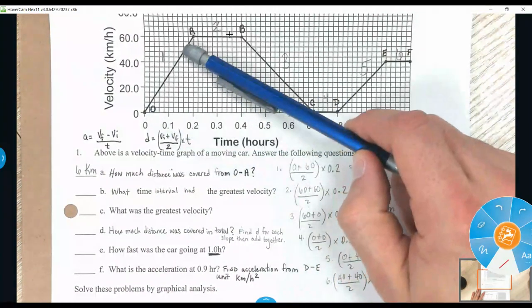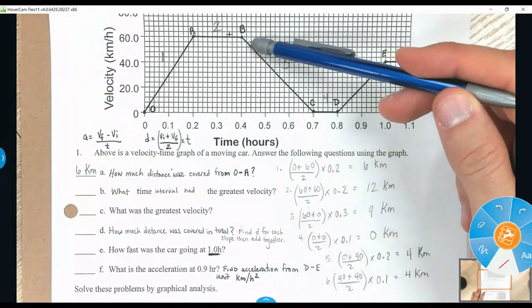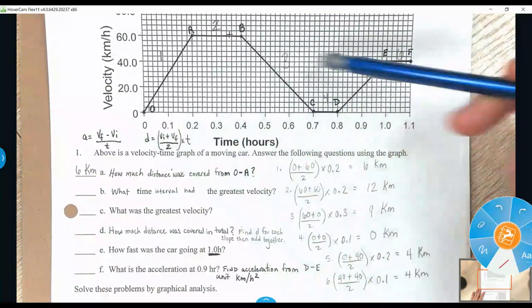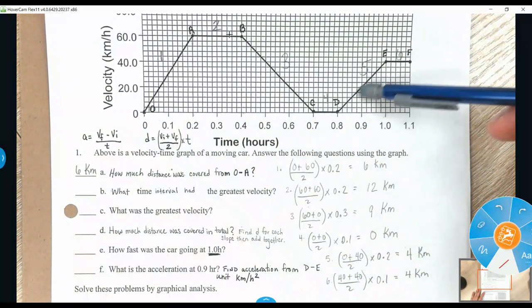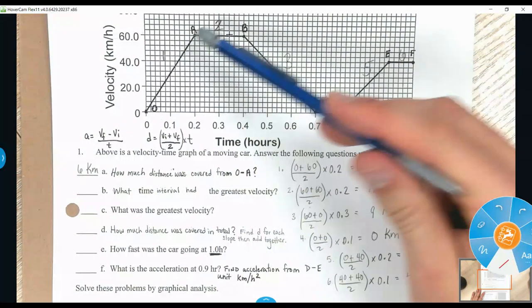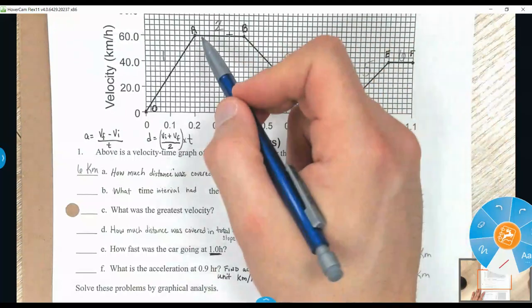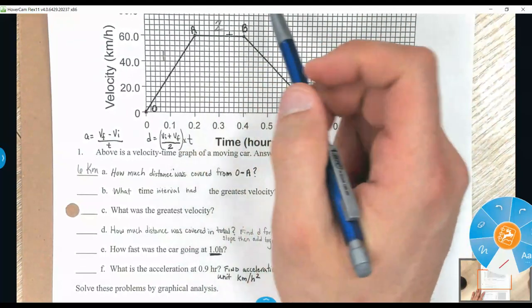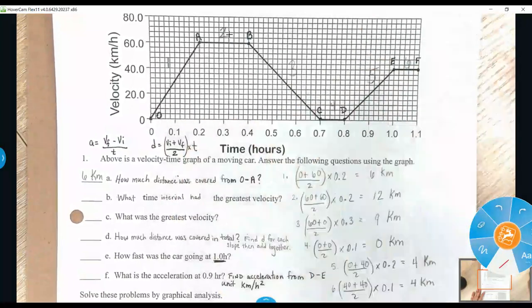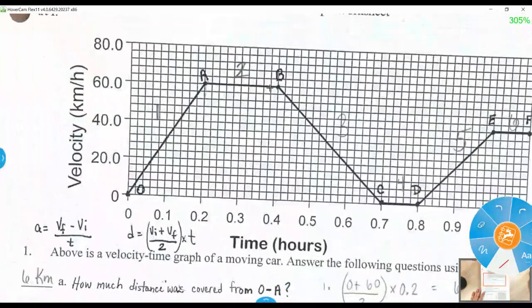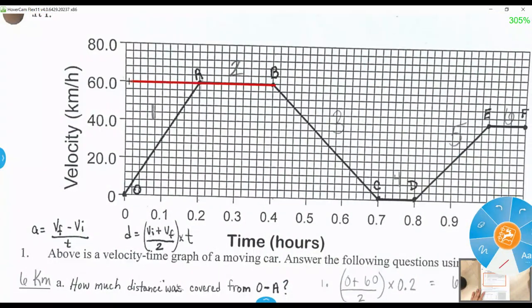So there's acceleration here, it's going towards 0, so it's slowing down, not moving, speeding up, and then moving at a constant velocity here. So points A and B are where you have the greatest velocity, because at those points you're at 60 kilometers per hour.